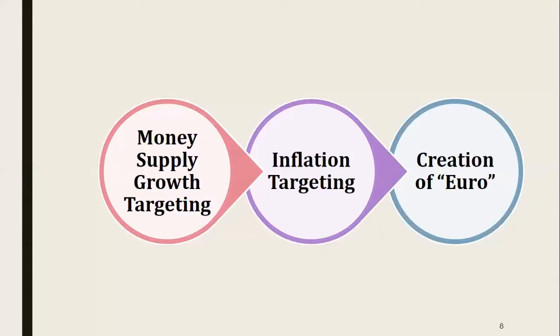Because of the activist monetary policy directly influencing the economic variables, they ended up with hyperinflation. Therefore, they decided there should be an explicit rule to control the money supply in the economy. So that explicit rule was introduced under money supply growth targeting.